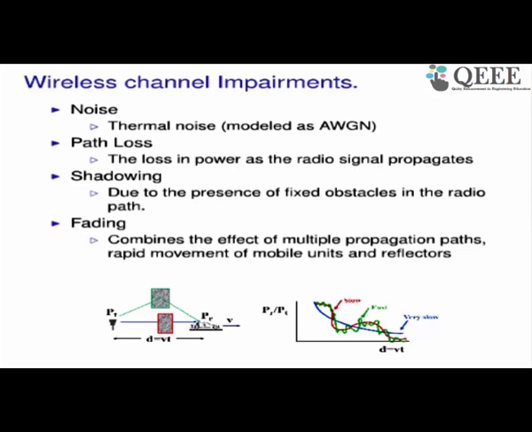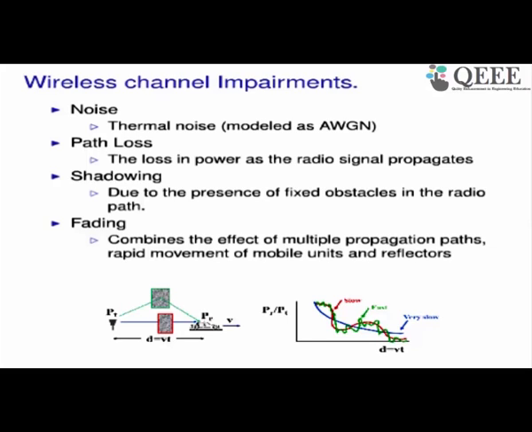The third issue is what contributes to the fading. It combines multiple effects due to the movement of both mobiles and the reflectors. Essentially, when a signal is being transmitted, it is not just going in one direction, it is going in multiple directions and getting collected at the receiver.